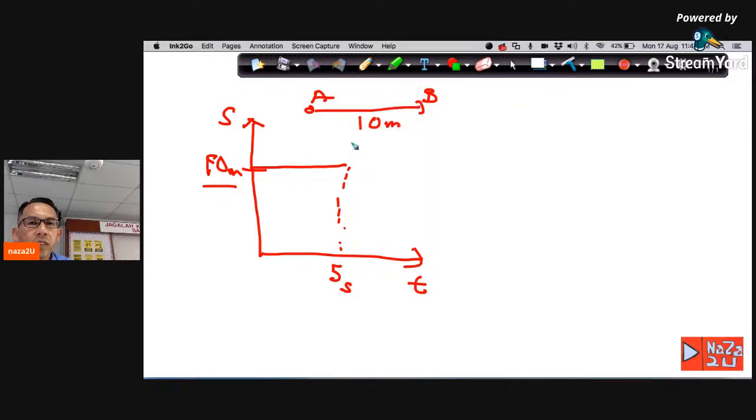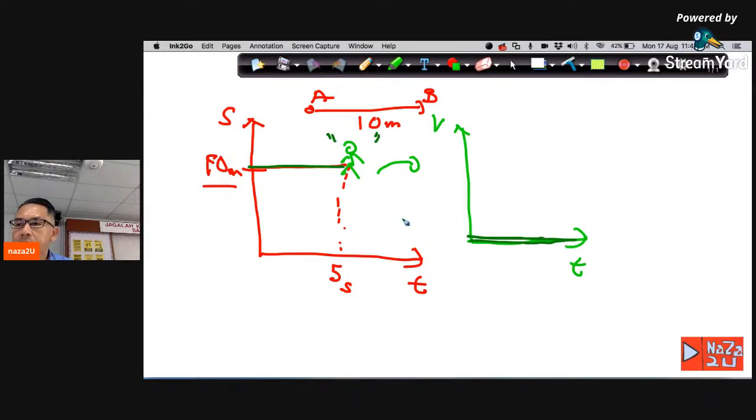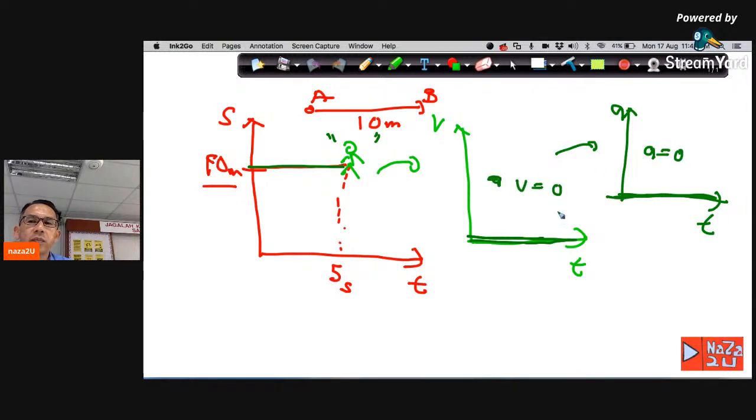So static at here, tidak bergerak, kamu berada kat sini. So if you plot graph from S to graph V versus T, graph kita adalah zero velocity here because jasad ini tidak bergerak. Tapi kalau kita lukis graf A versus T, sama juga because jasad ini static, also acceleration is equal to 0. V is also equal to 0.